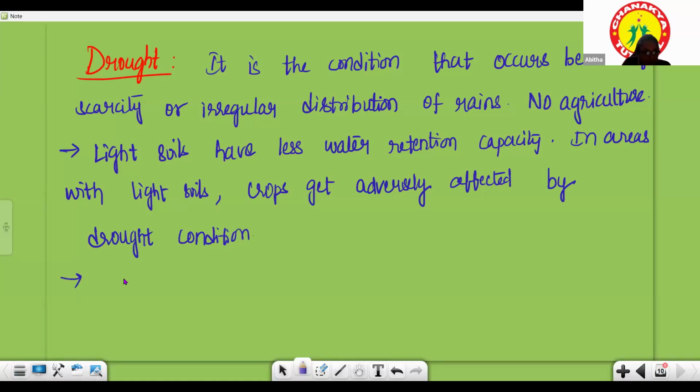To withstand this drought condition, scientists have developed crop varieties which can tolerate drought condition.